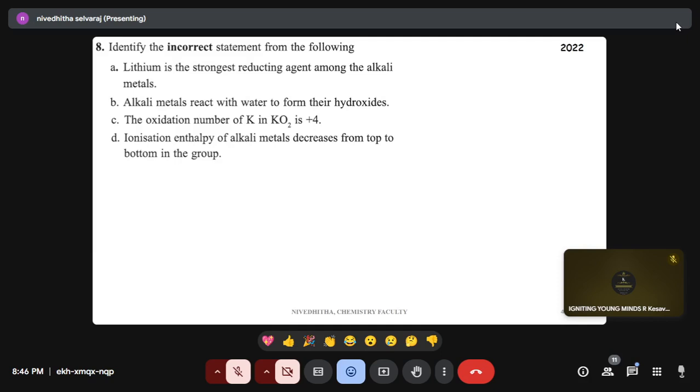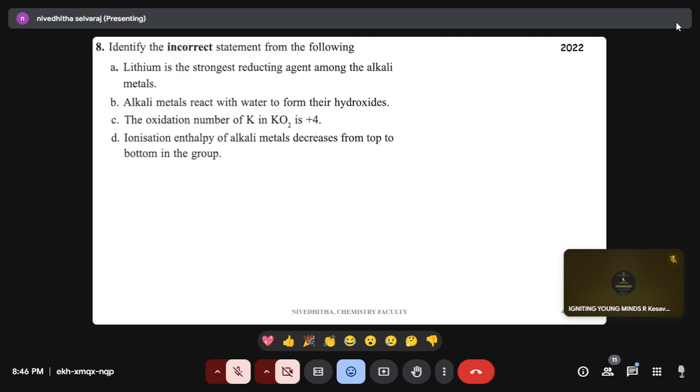Now this question. Identify the incorrect statement from the following. Yes, the block is deleted, ma'am. Yes, Kana, it is deleted. But if you want to try, you can try, or we'll move on to the next question. But this is a very easy one.